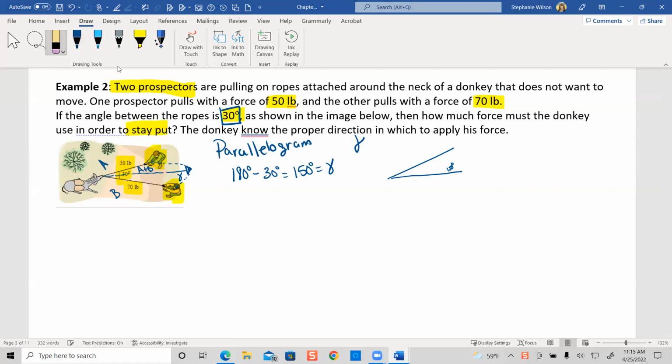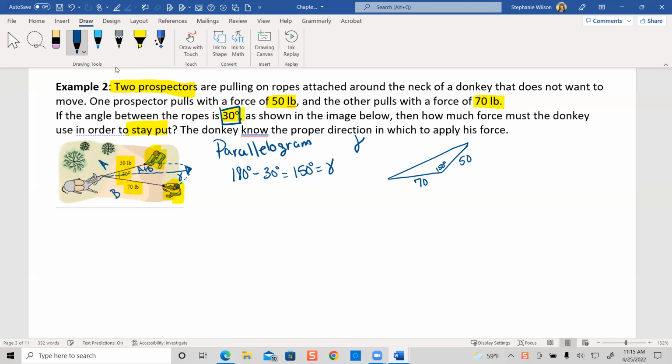I accidentally drew more of a 90-degree angle going on there. There we go. Kind of better. So I'm going to call this 150 degrees. And then we notice this is the 50 pounds and this is the 70 pounds force that's going on.